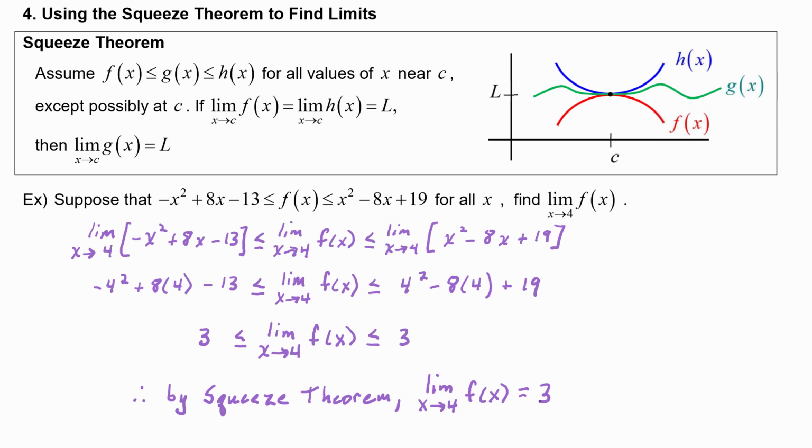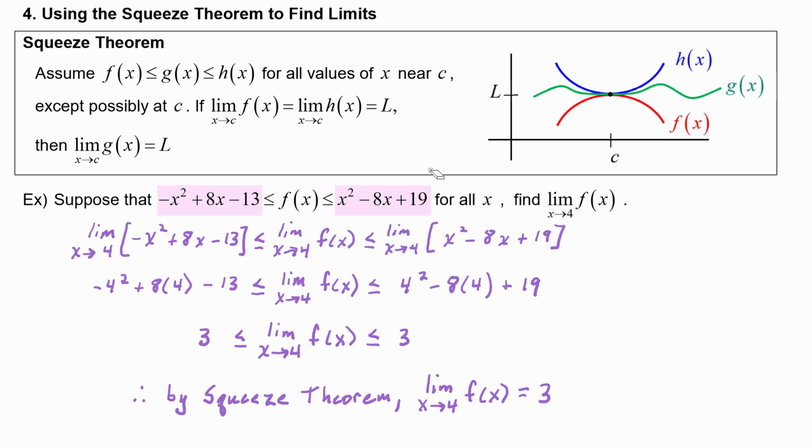So even though we don't know what f of x is, we are able to find the limit as x approaches 4 of f of x, and we know that it has to be 3, because we were told at the beginning that f of x lived between those two functions.